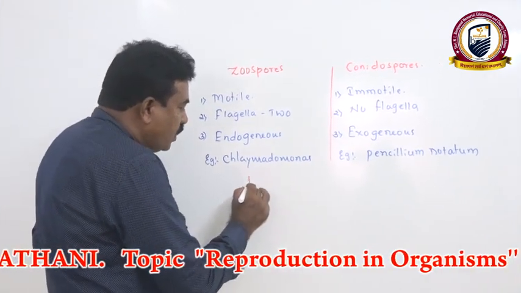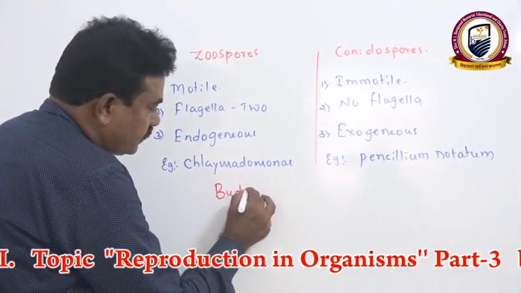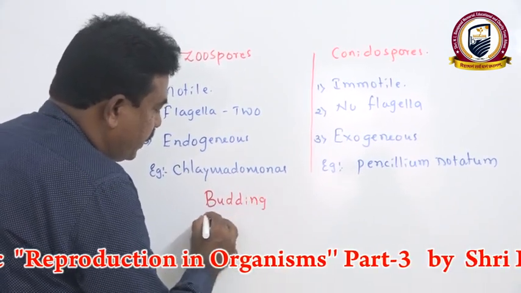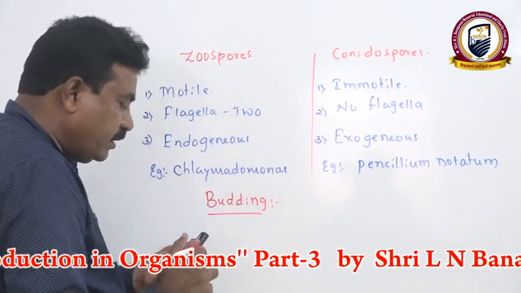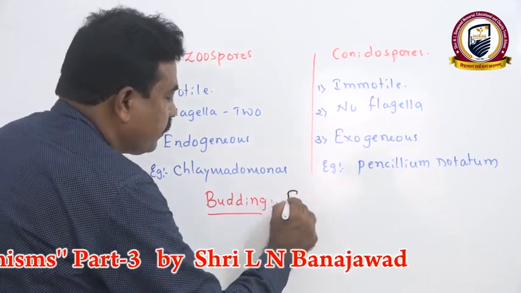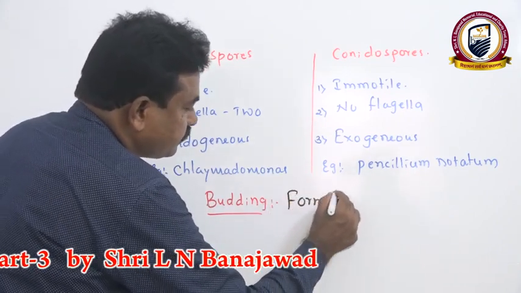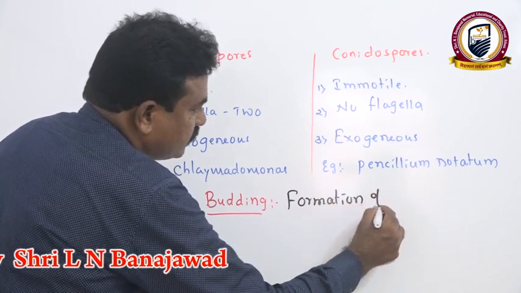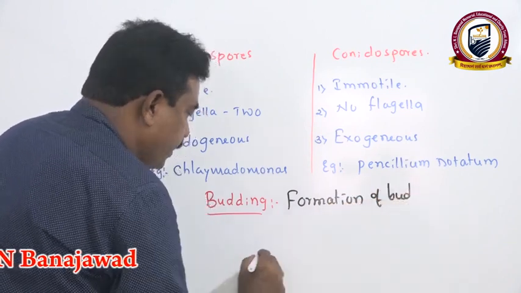Like that, one more kind of asexual reproduction is budding. That is simply the formation of a bud, which we call budding.